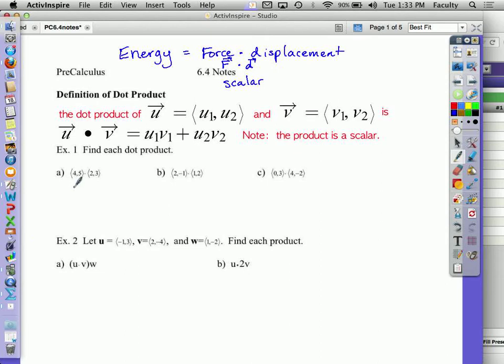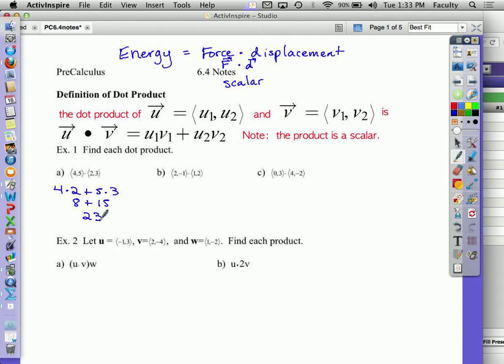So what you're going to do in example 1, letter A, is you take 4 times 2 plus 5 times 3. That's 8 plus 15. So the dot product is a scalar. All right, you guys try B and C. I'll give you a head start.